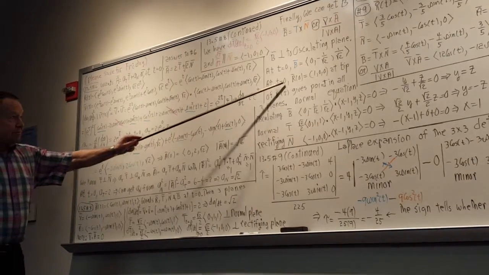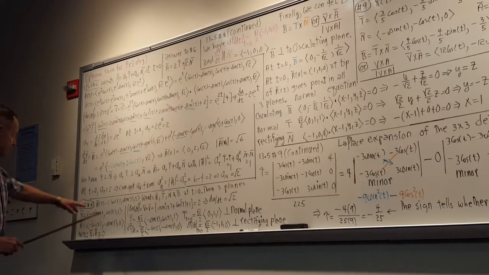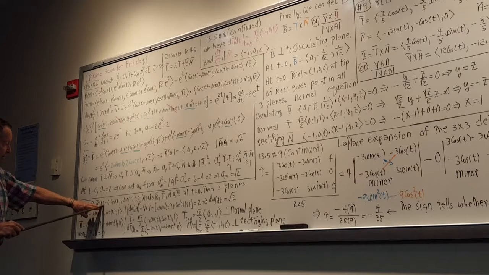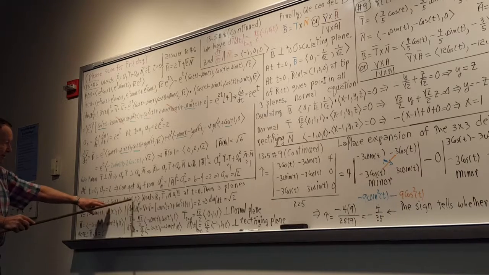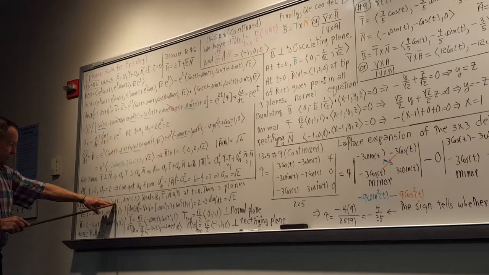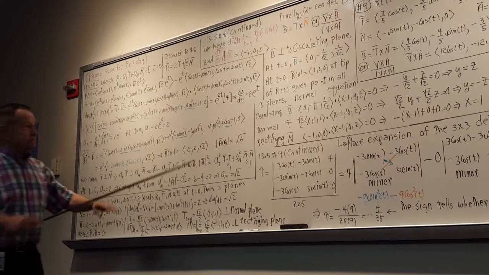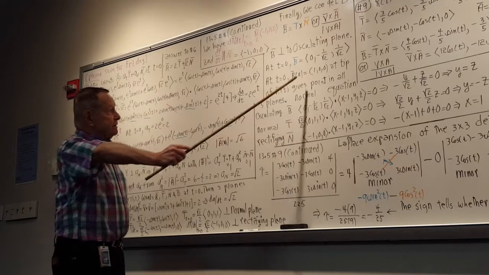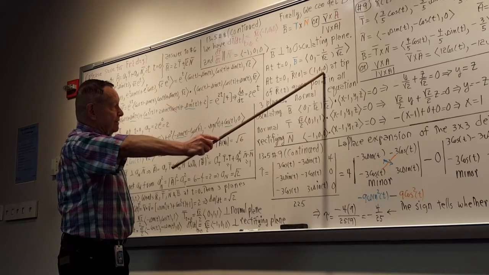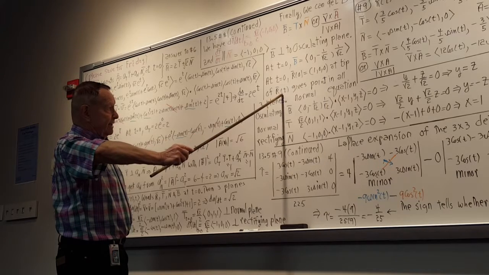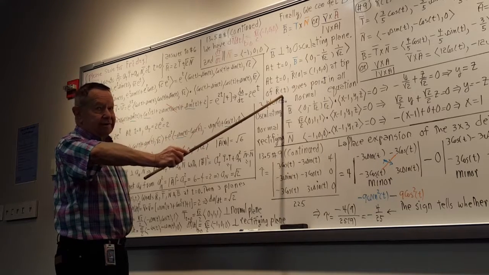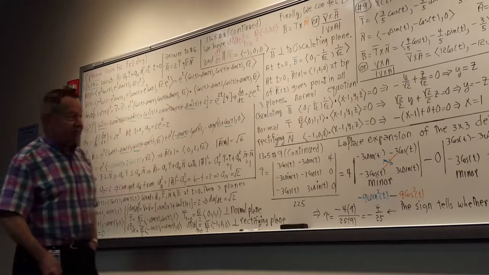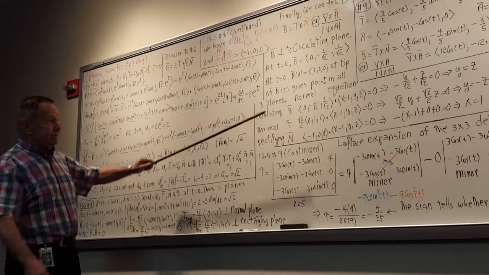So at time 0, if you put 0 for t in the original r, it gives you 1, 0, 0. And that's a point at the tip then of the r vector. And that's the point that's in all three planes, the black dot in the pictures.